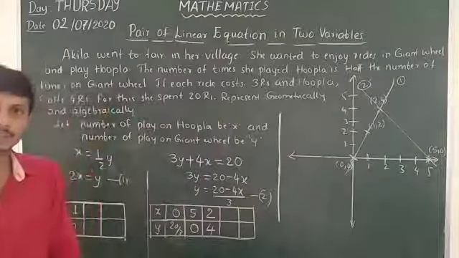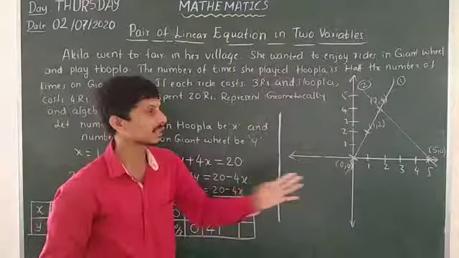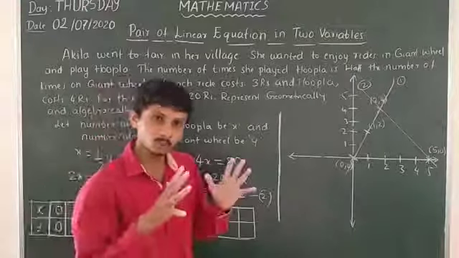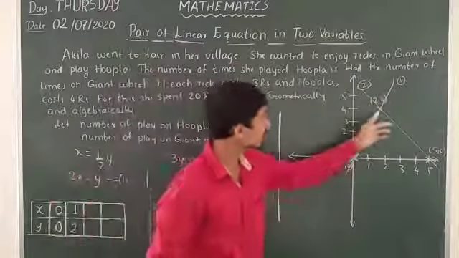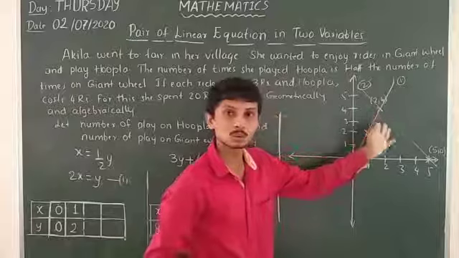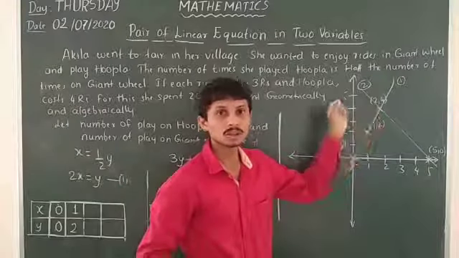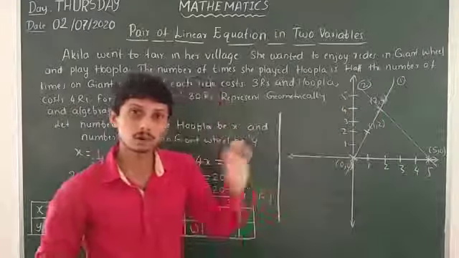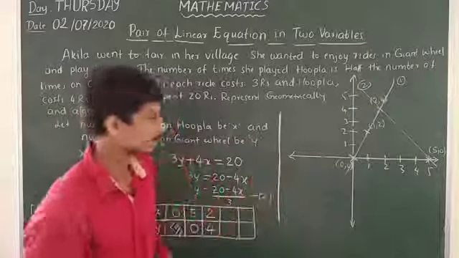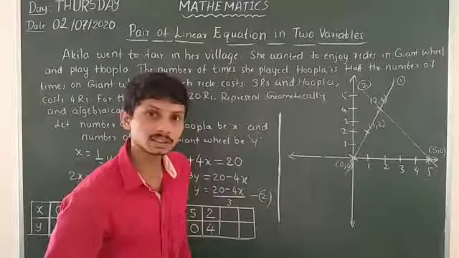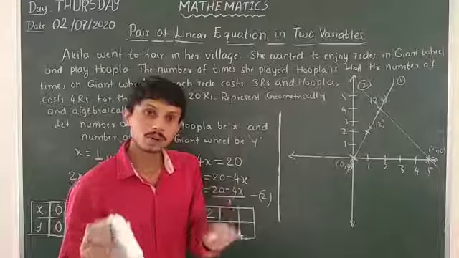Just observe the graphical representation. Here there are two lines intersecting at only one point, that is 2 comma 4. So they intersect at only one point. That means this pair of linear equations has only one solution.